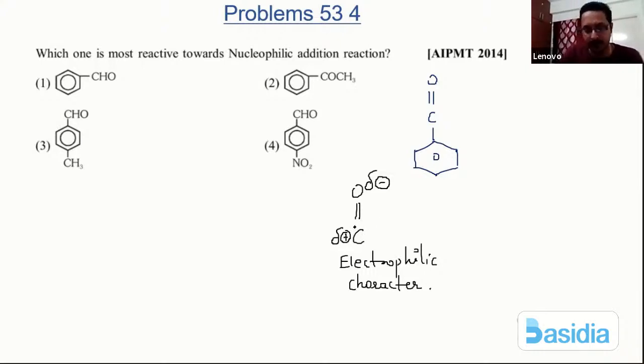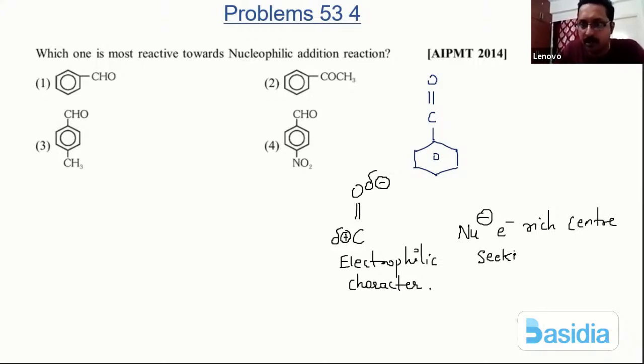So if this carbonyl carbon has a tendency to develop the partial positive character, and I have a nucleophile, what is this nucleophile? It is an electron rich center. It is always seeking an electron deficient center.